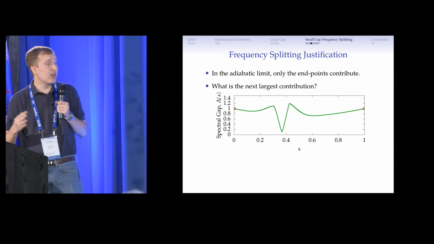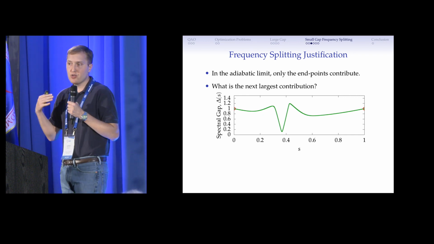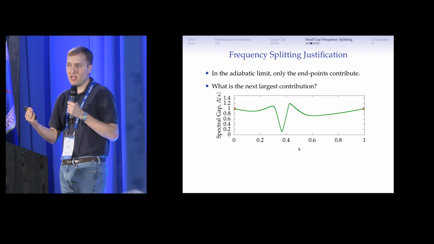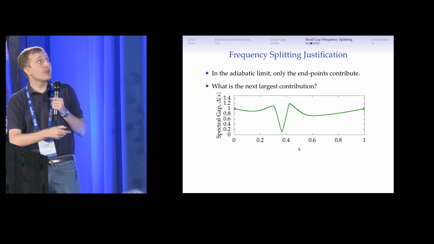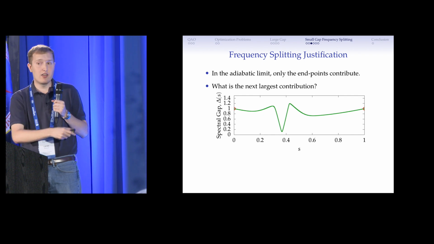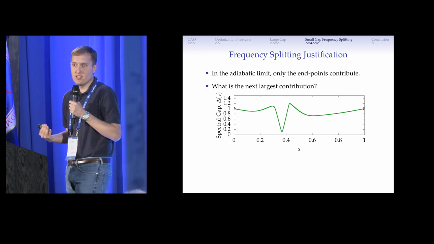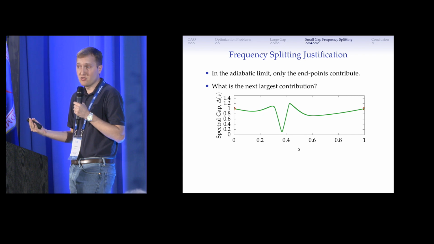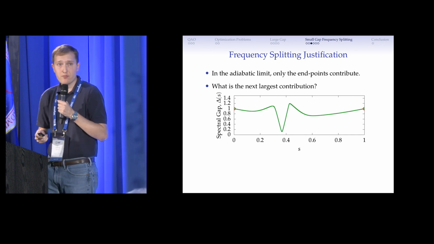So I brushed a little bit under the rug how you got that frequency in the original case. It turns out that it just depends on the endpoints of your spectral gap. This is the way that boundary cancellation methods work, if you're familiar with those.